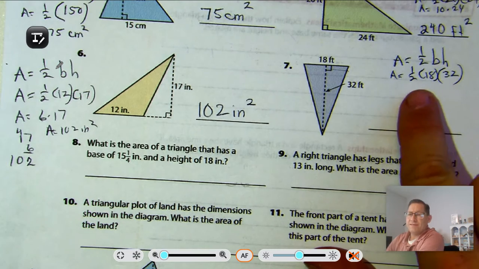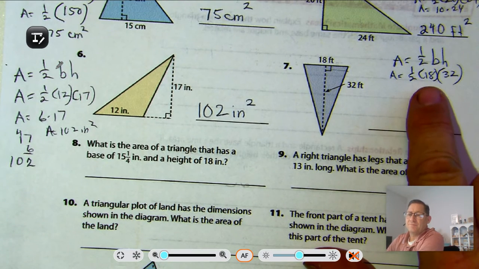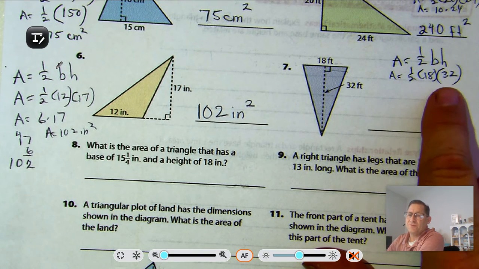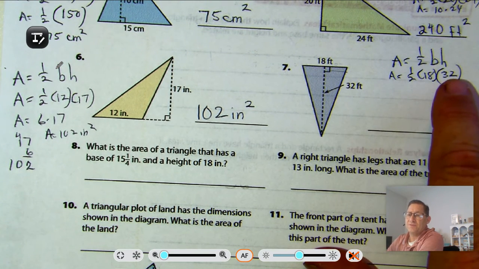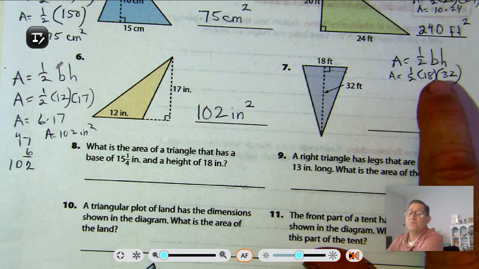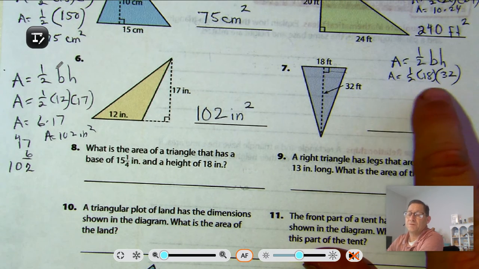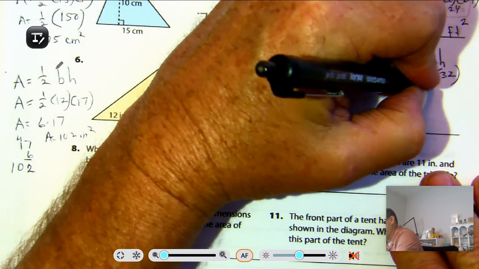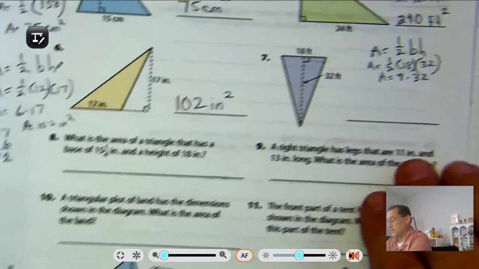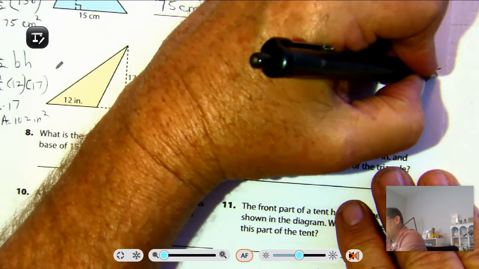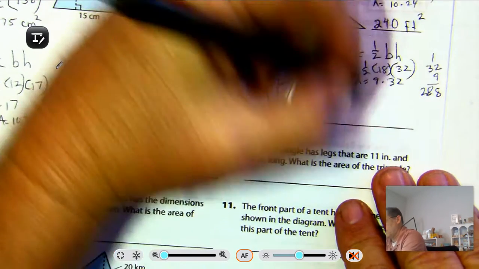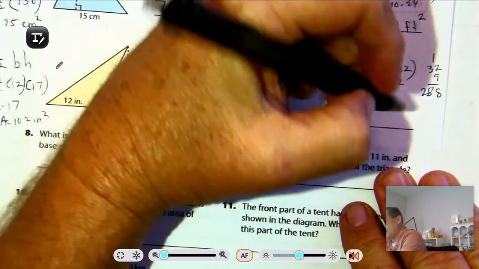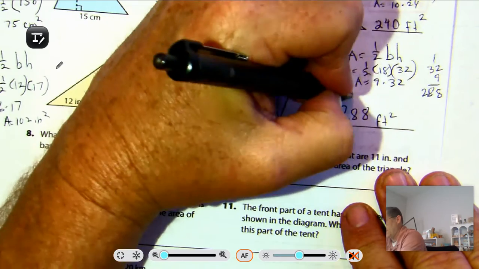I want to go ahead and keep it in this order because multiplying a single digit by a 2-digit number is easier than multiplying two double-digit numbers. So half of 18 is 9. And now I have to finish multiplying by 32. So we get 288 feet squared.